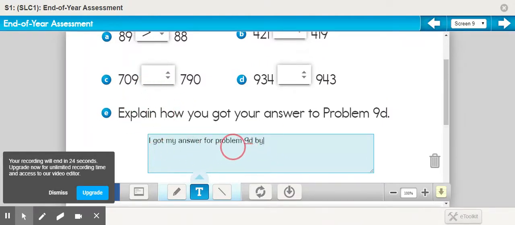I got my answer for problem 9D by, and then you would go on to explain how you did it. What I want you to think about with this one is think about place value words. So tens, ones, or hundreds would be helpful in your explanation for this.